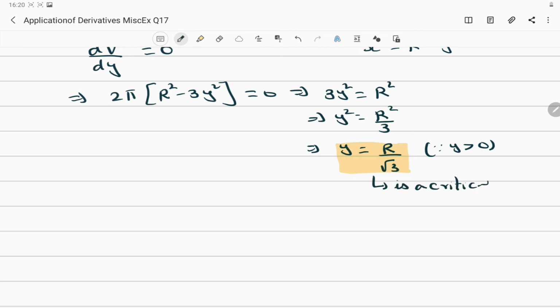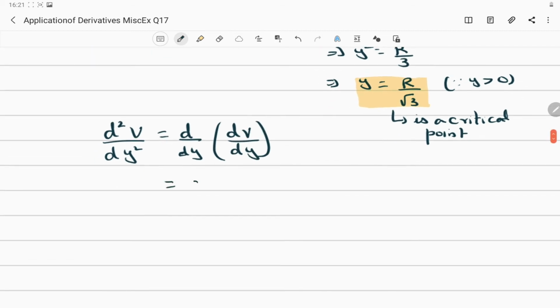After we obtain the critical point, the next step is to check whether this critical point is a point of local maxima or minima. So let us find d square V by dy square, which is equal to d by dy of dV by dy.